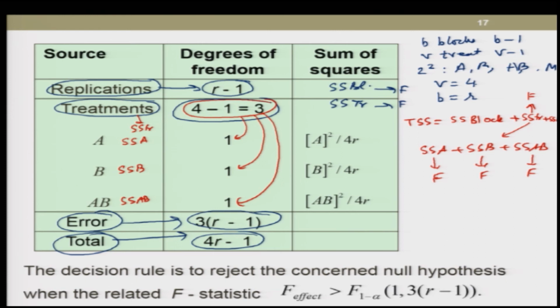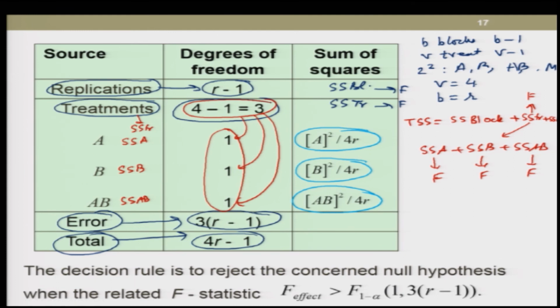So, now you can see here that these three degrees of freedom are divided into three different mutually orthogonal components, and the corresponding sum of squares are obtained like this. Sum of square due to A is obtained like this, sum of square due to B is obtained like this, sum of square due to AB is obtained like this.